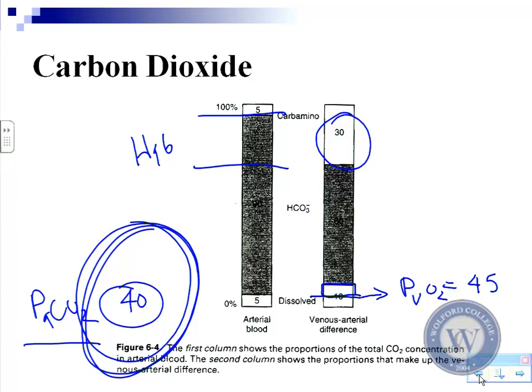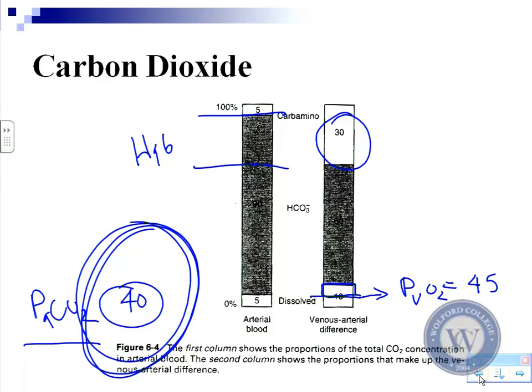Whatever your arterial side is, that's as low as it can go in the alveoli if you have good VQ match, or 1-to-1. Does that make sense? I'm trying to make you think conceptually about what's going on. Where do the molecules go? How do they transfer out? So this 5 millimeter gradient is enough to push the gas across into the alveoli to make it reach 40. That's pretty amazing if you think about it.